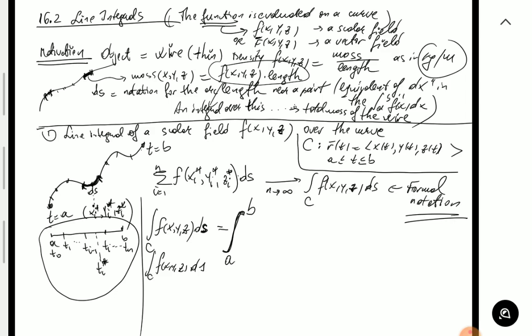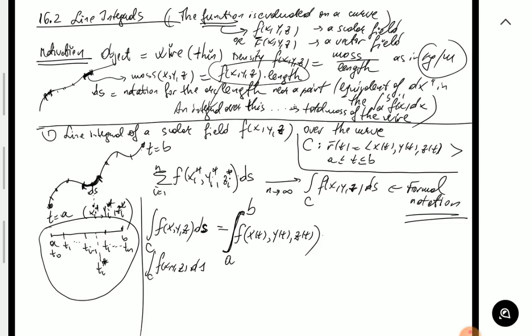From A to B, the parameter domain, the function evaluated at the point on the curve, so that means you pick the components on the curve and plug them into the function, so f of x of t, y of t, z of t, times ds.